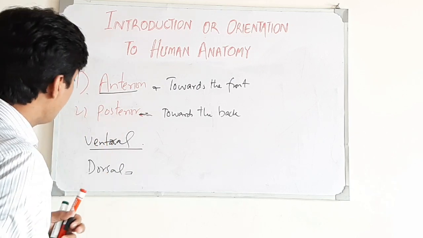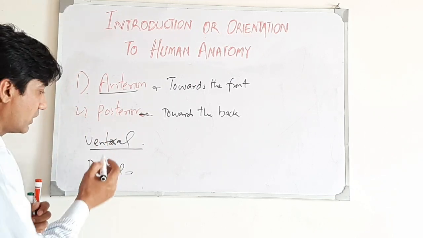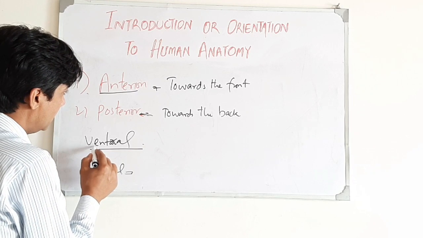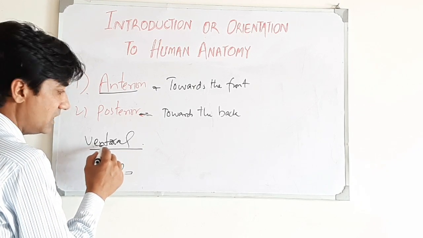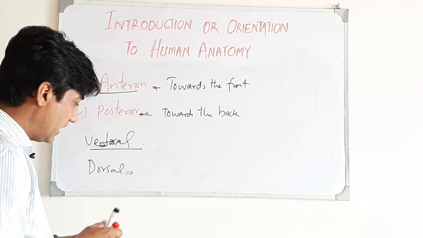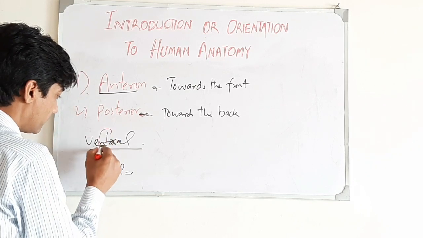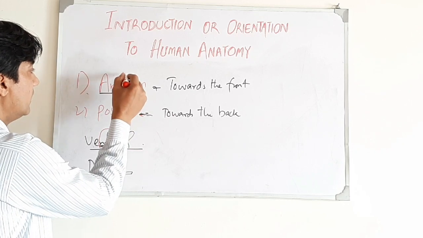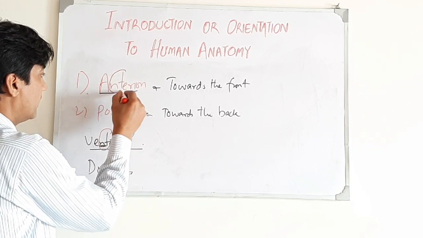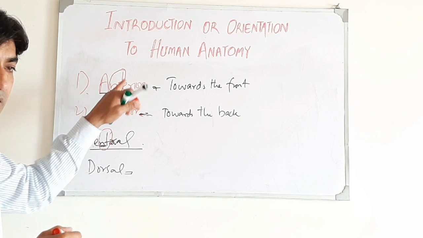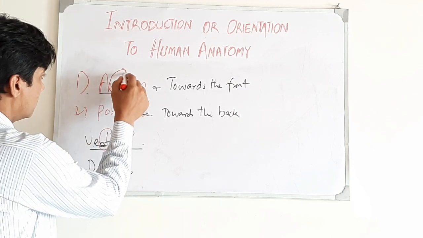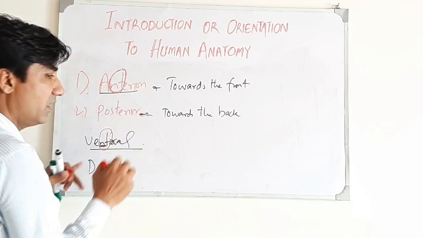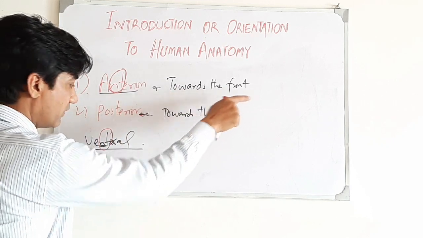How can we remember ventral and dorsal? In ventral, the letters E, N, T, and in anterior, the letters A, N, T. So we can use anterior and ventral for the same definition, towards the front.